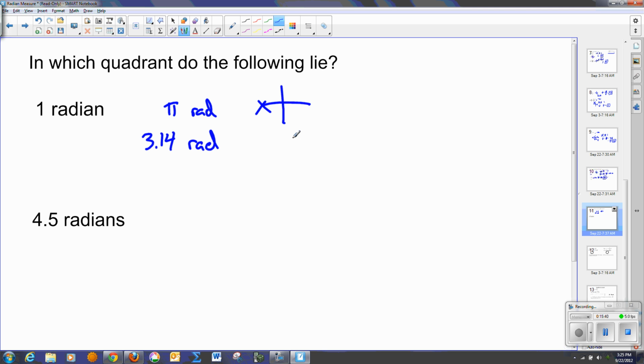So 1 radian would be less than half of a pi. And we know if pi is here, half of a pi is the positive y-axis. So half of 3.14 is about 1.7-ish. So then 1 radian would have to be somewhere in the first quadrant.